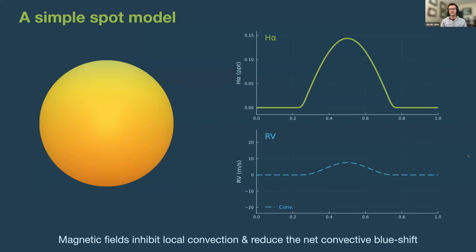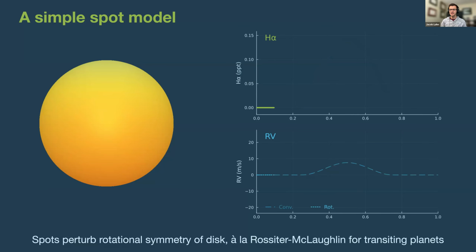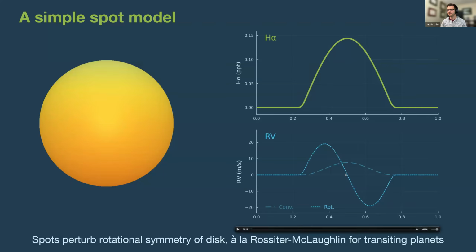Then the other component to the RVs is the rotational component. And this is analogous to the Rossiter-McLaughlin effect, where you will be blocking some of the blue shifted and then red shifted hemispheres from stellar rotation. And so you get this very characteristic red and then blue shift in the time series.